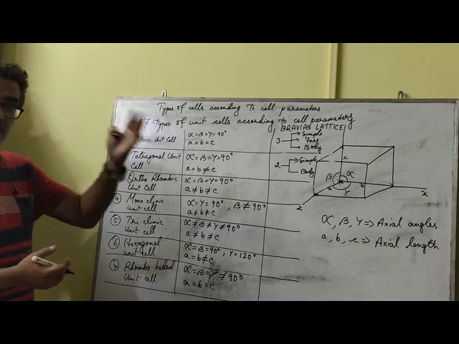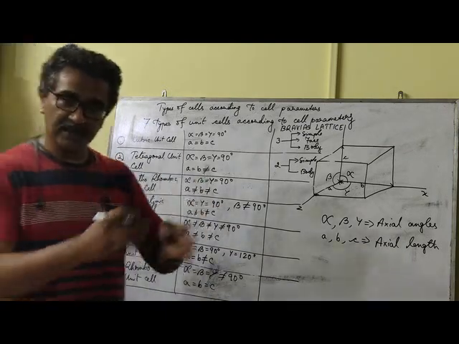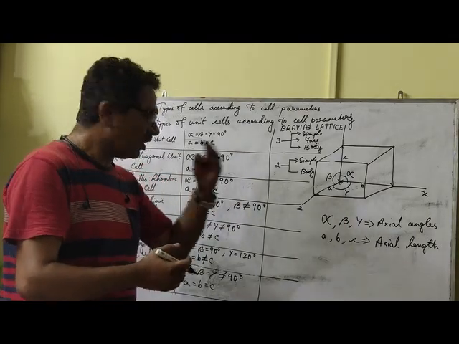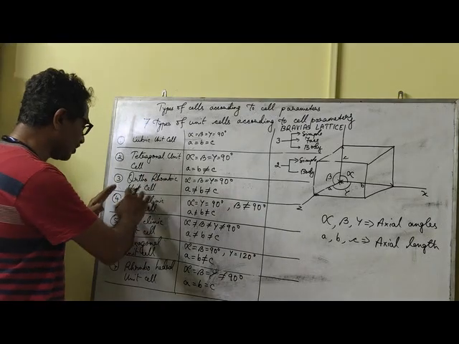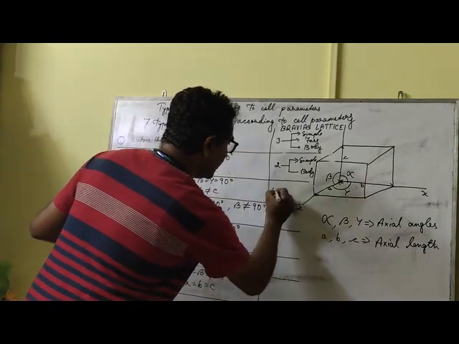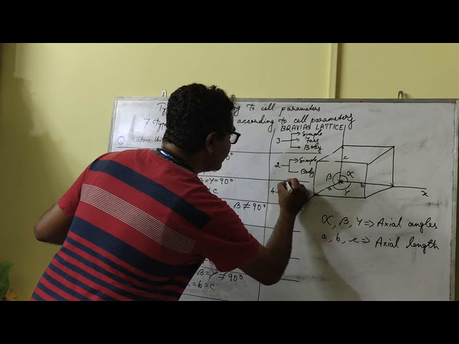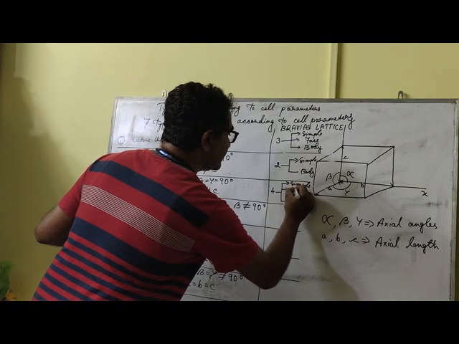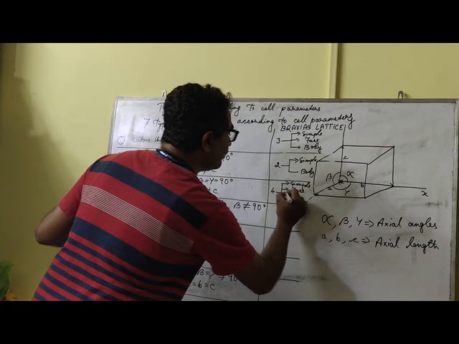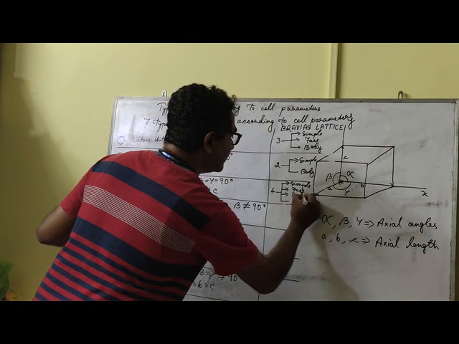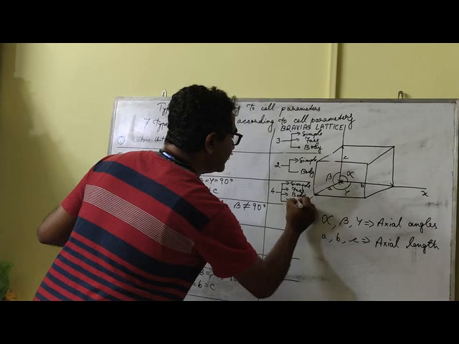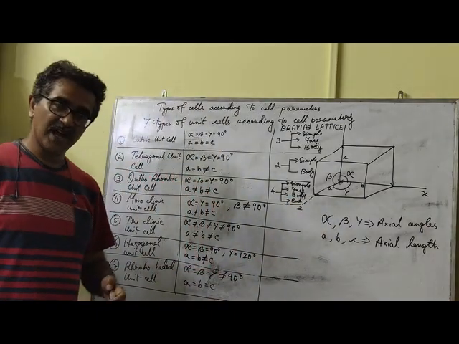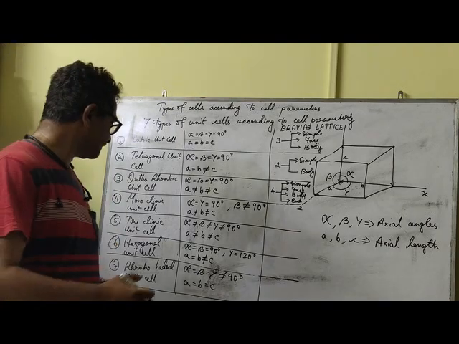In fact, all 4 unit cells which we have learned according to the arrangement of atoms in it are possible in an orthorhombic unit cell. That is, we may have simple, face centered, body centered, and end centered. So all 4 possibilities. This has the maximum variants.